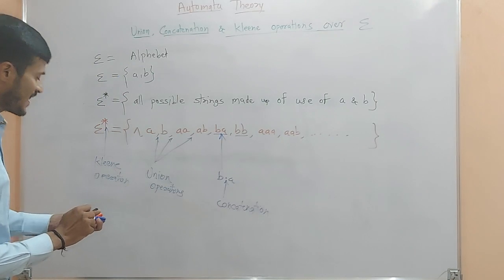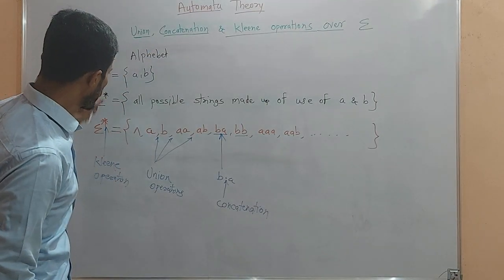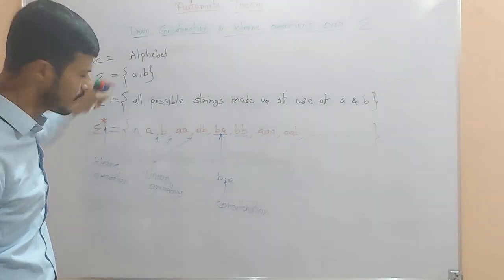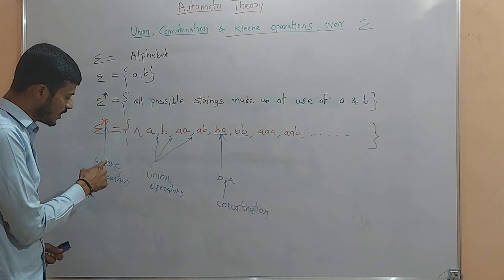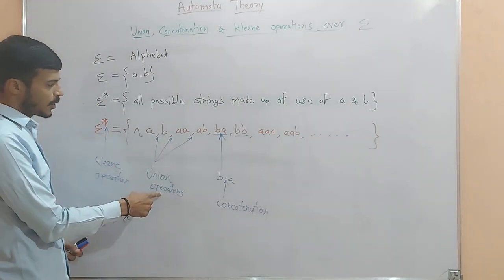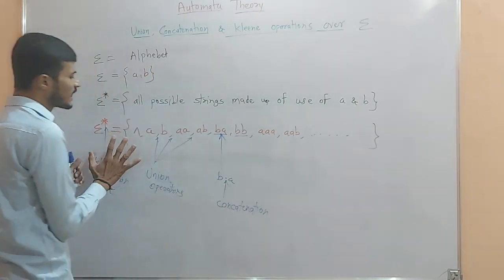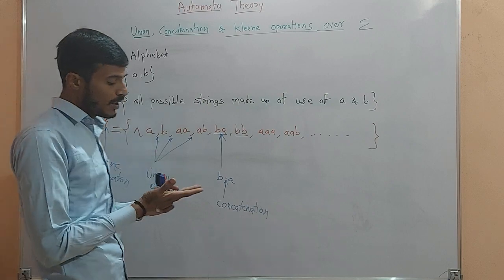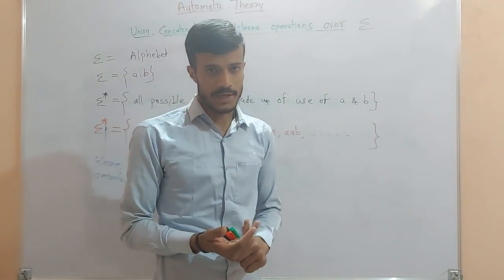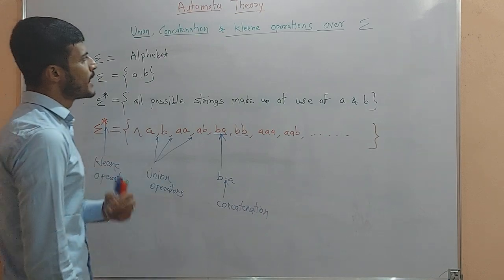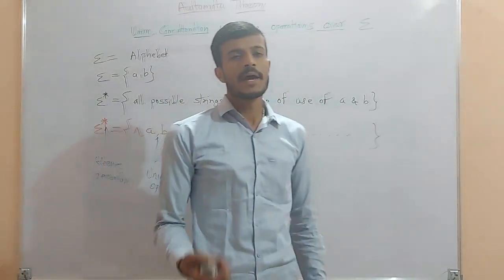So you can see that in constructing a regular language over the alphabet sigma, we use Kleene operation, union operation and concatenation. These are the terminologies which are very useful while constructing finite state automata. So let us see what is meant by Kleene closure and what is meant by positive closure.